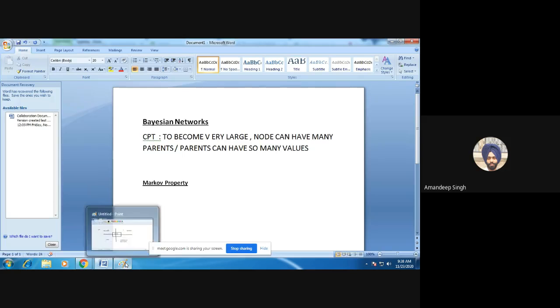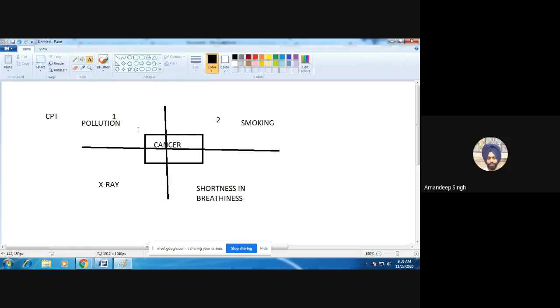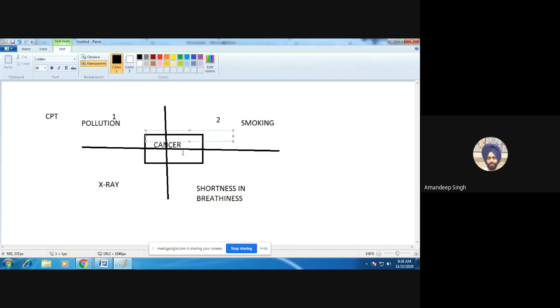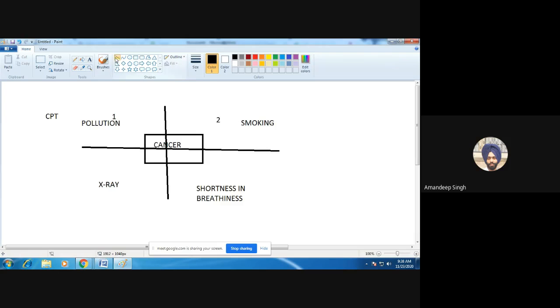If the node has too many parents, now in this cancer node, it has two parents, that is the pollution and the smoking. These two are the parents. In case the node has too many parents, then the CPT tables become very large.